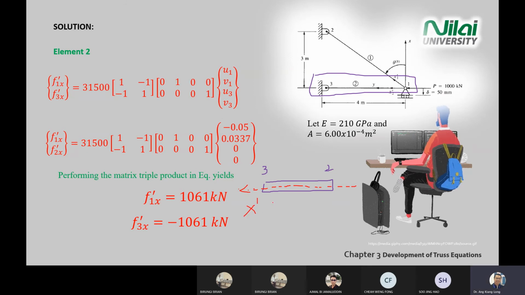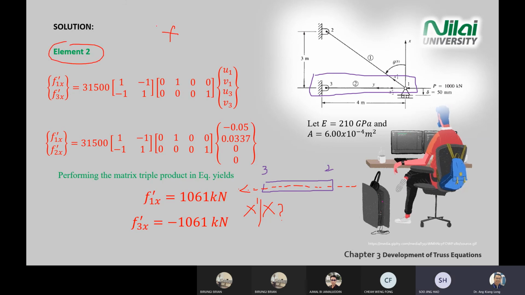Is it x prime or x? X prime. Because why? Because you're solving for F prime. You're solving for element. Element is prime.